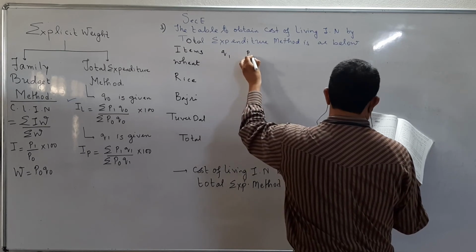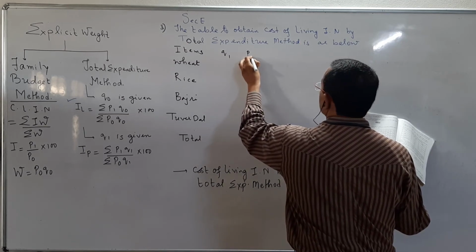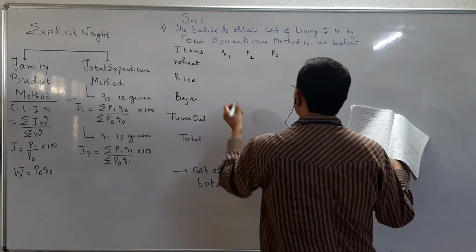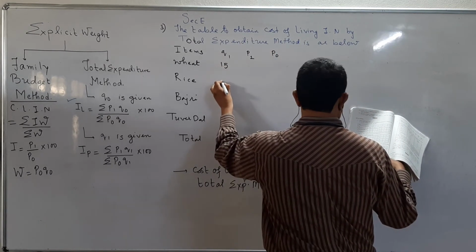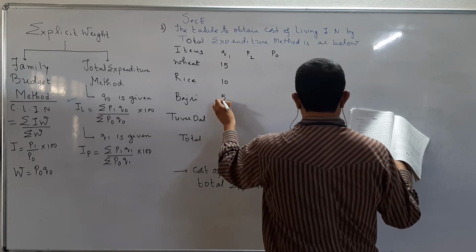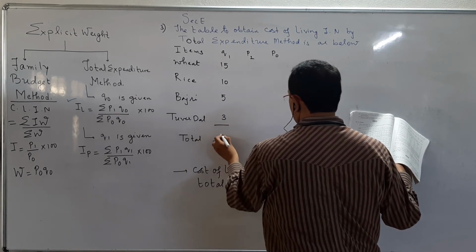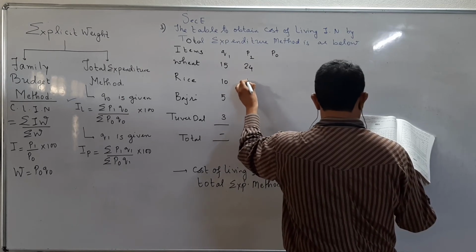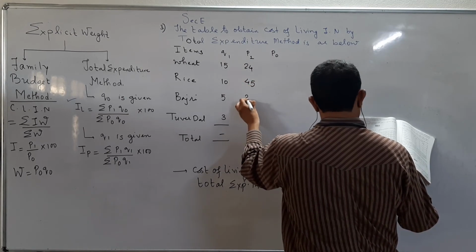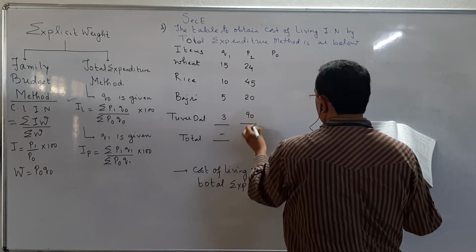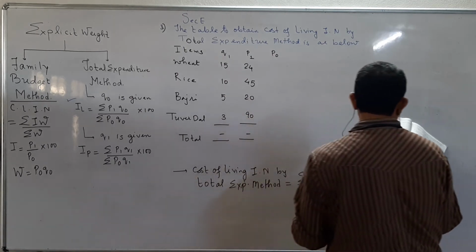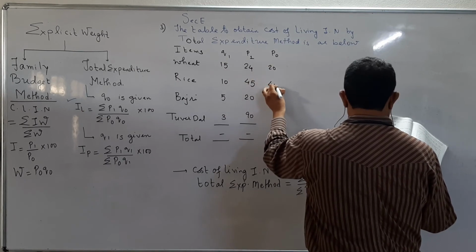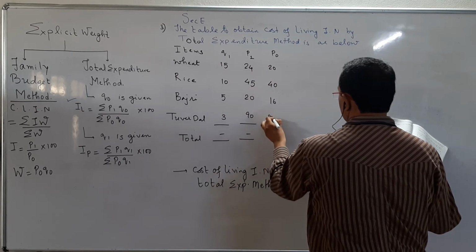Then current year's price, so P1, and then base year's price. Okay, no problem. 15, 10, 5, and 3. Current year's price 24, 45, 20, and 90. Okay. Base year's price 20, 40, 60, and 80.